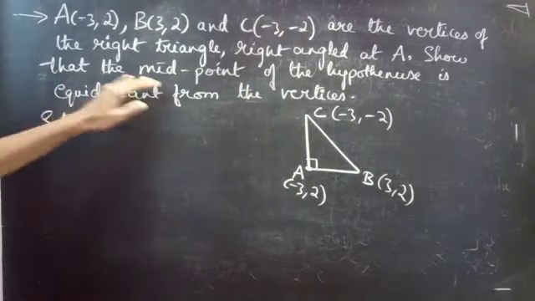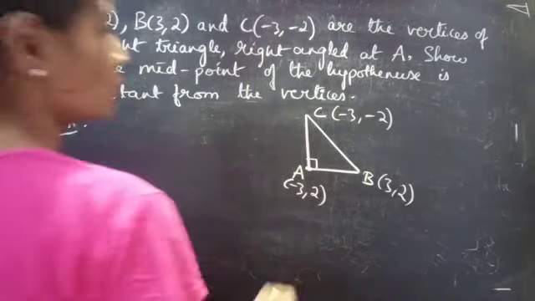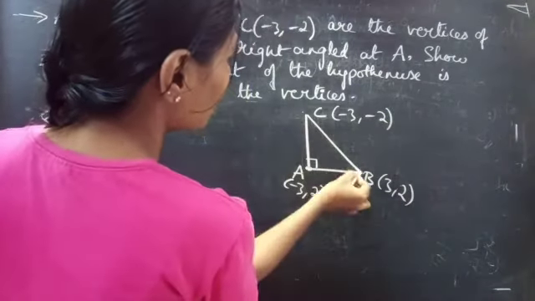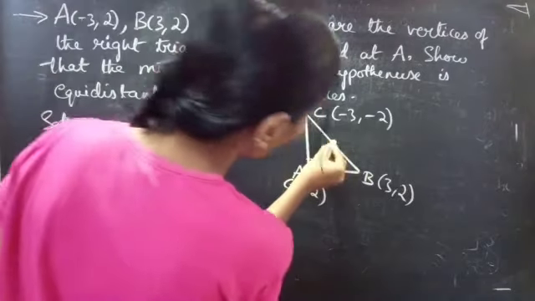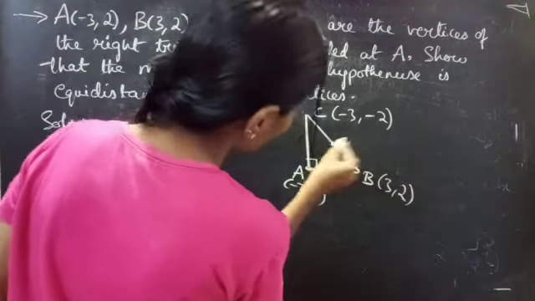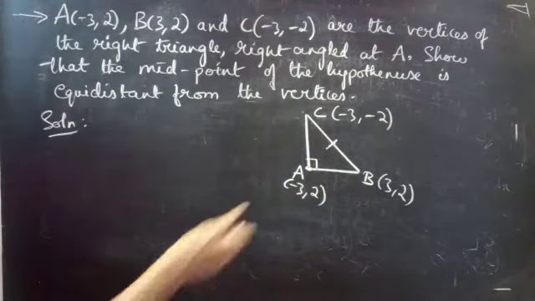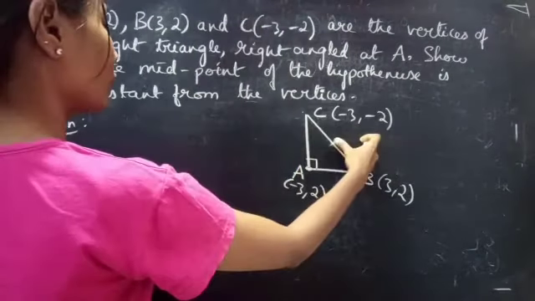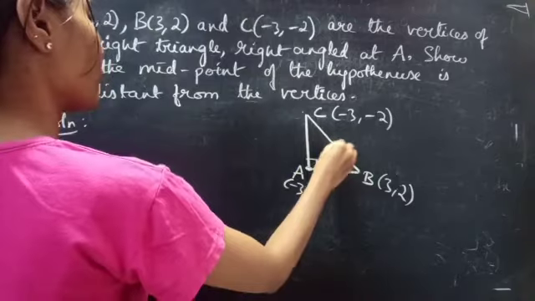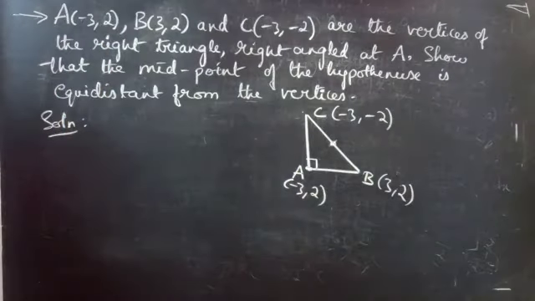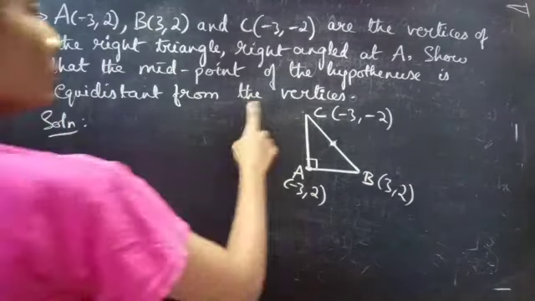Show that the midpoint of the hypotenuse. So this is a hypotenuse, right? BC is a hypotenuse. The midpoint of BC is equidistant from the vertices.